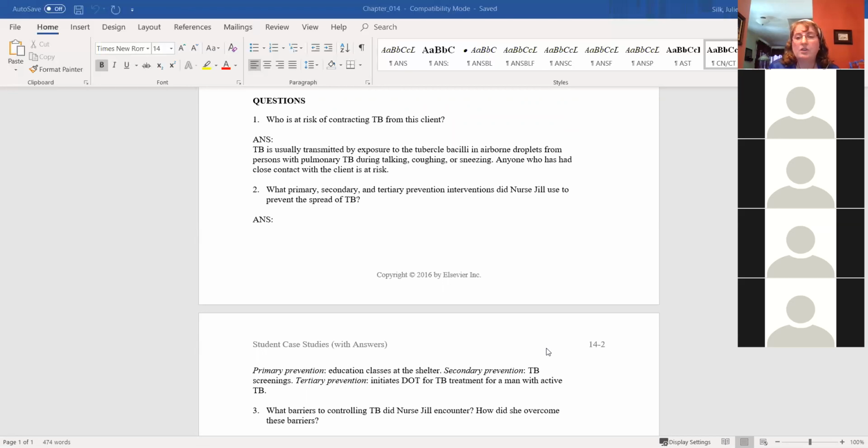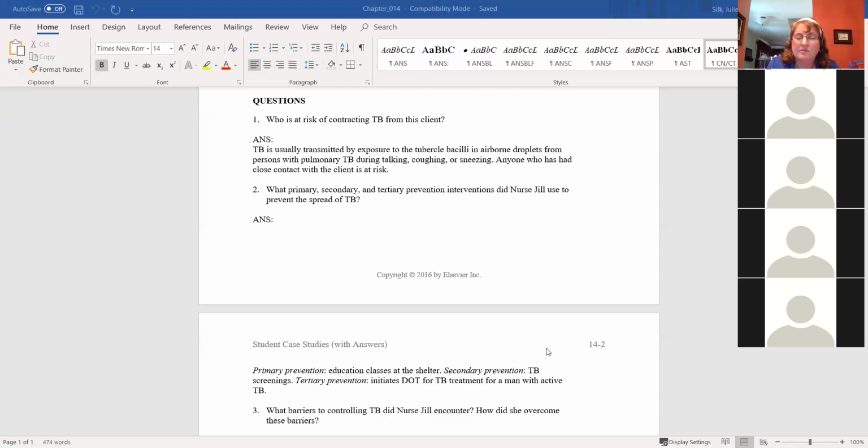Okay, so the last question was, what barriers to controlling TB did Nurse Jill encounter, and how did she overcome the barriers? So, barriers controlling TB.